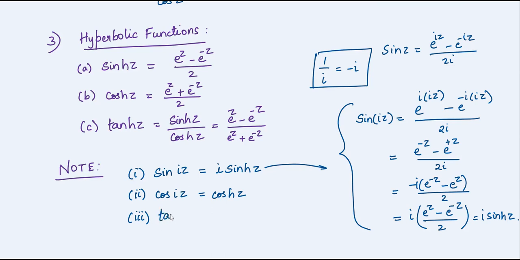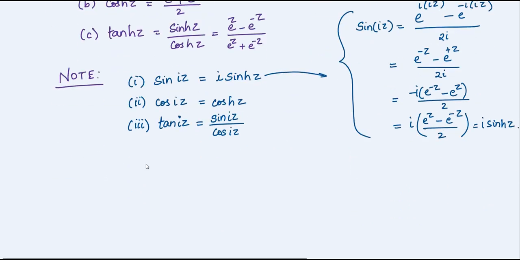Now tan of iz is sine of iz by cos of iz. And the reverse now.